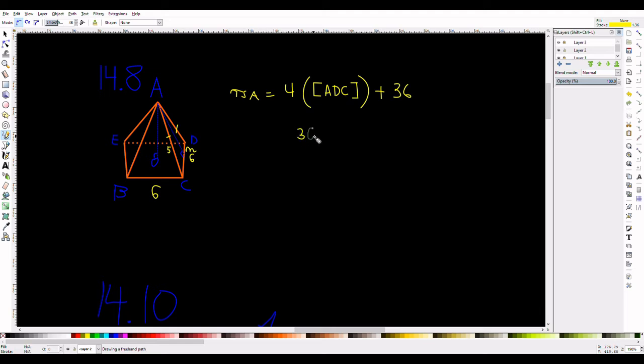So 36, 12 square root of 7. And that finds the volume, total surface area. We found AO, we found AM. So we've really dealt with this pyramid quite handily.